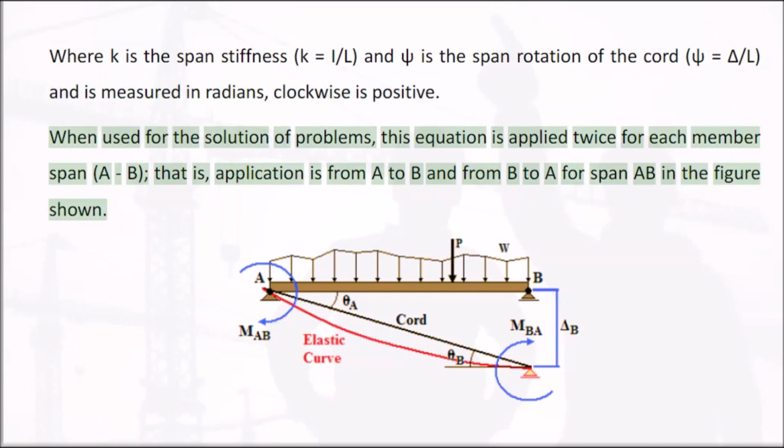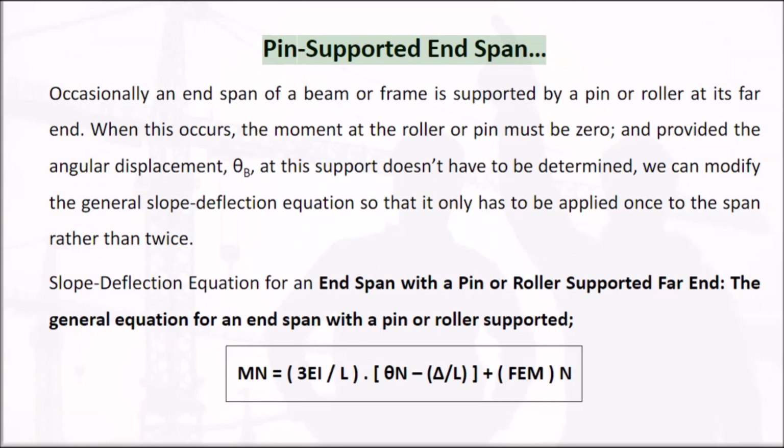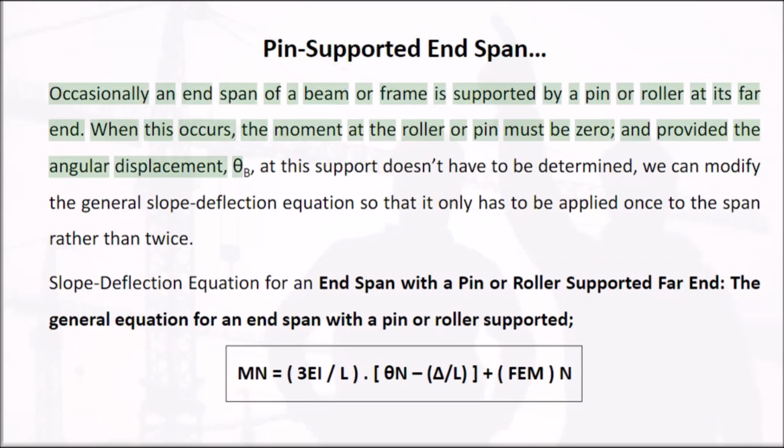When used for the solution of problems, this equation is applied twice for each member span AB, that is, application is from A to B and from B to A for span AB in the figure shown. Pin-supported end span. Occasionally an end span of a beam or frame is supported by a pin or roller at its far end.